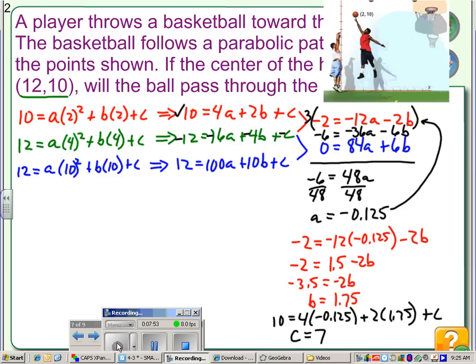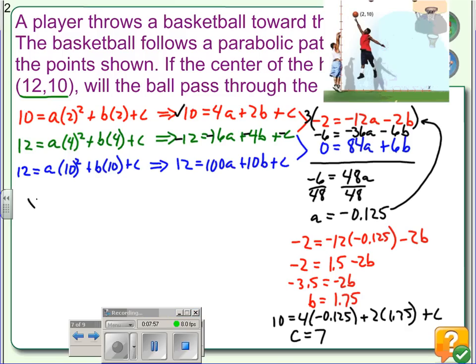So now our equation for the path of the basketball is y equals -0.125 x squared plus our b value is 1.75 and our c value, oops, this is an x, 1.75x plus 7.